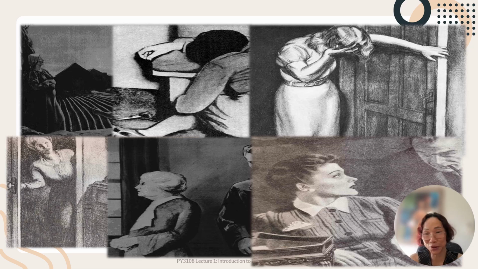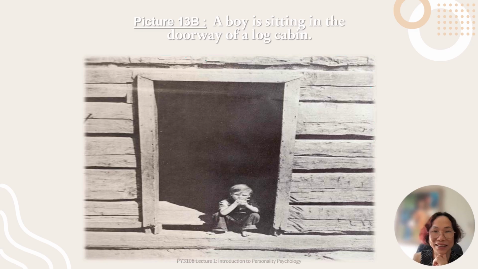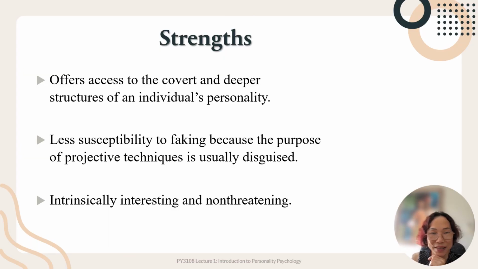And maybe for your research participants, when you move to the Master of Psychology level. And this is the boy I mentioned previously. A boy is sitting in the doorway of a log cabin. It's just an example for the card.